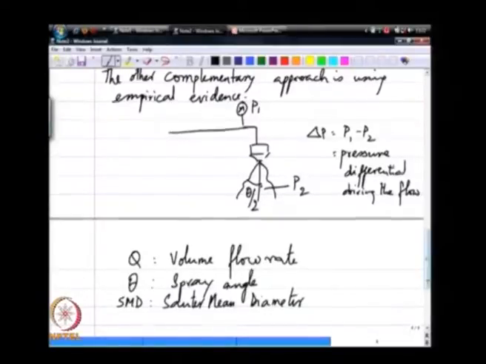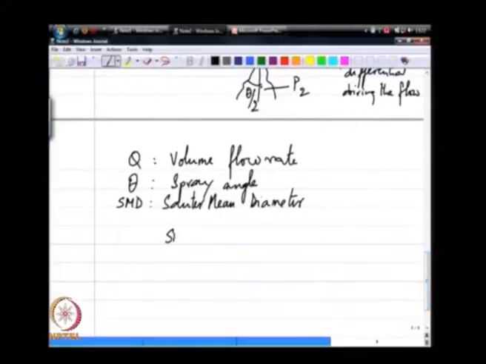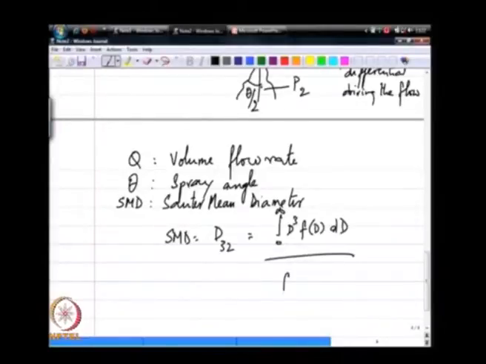If you go back to our old notation from PDFs, SMD is essentially D32, which is defined as the integral from 0 to infinity of d cubed times f of d dd divided by the integral from 0 to infinity of d squared times f of d dd.